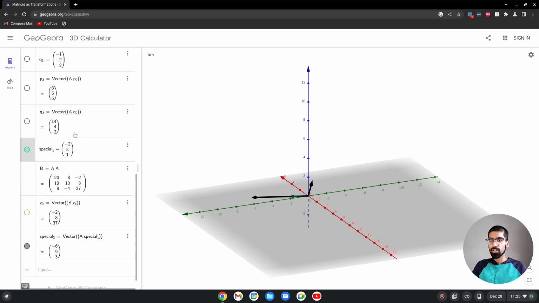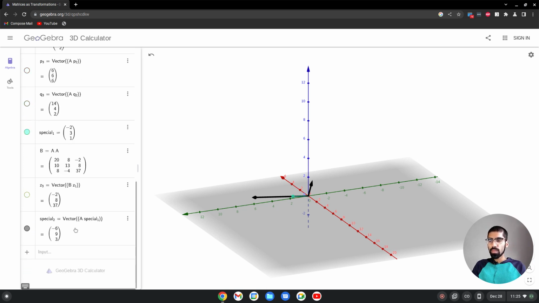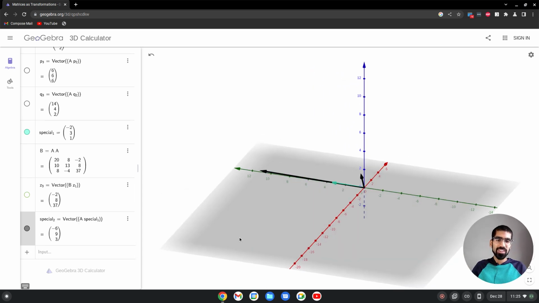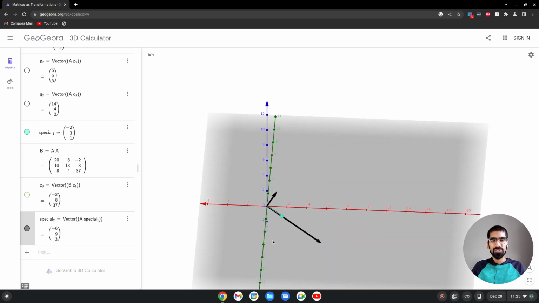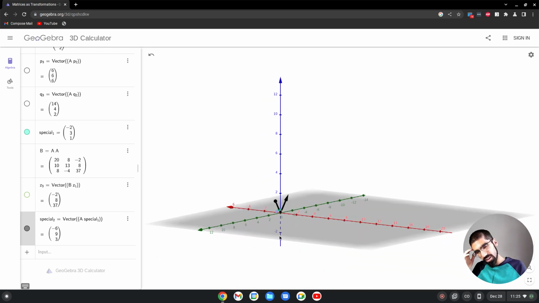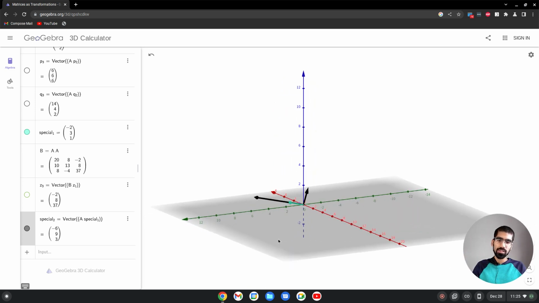It's only special in the context of this particular matrix A. So many matrices will have their own eigenvectors. Some matrices don't have any. But for matrices that do have eigenvectors, that's kind of neat, right?